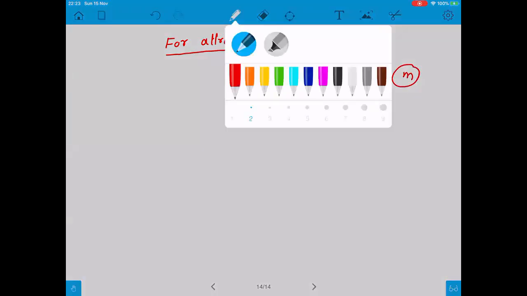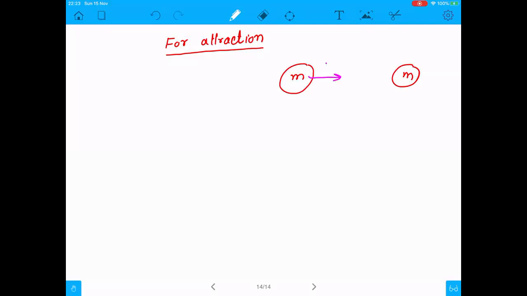The masses always have attraction. Now it depends what you are calculating. You are calculating net force or you are calculating the work. So this is, for example, a gravitational field's force. It's a gravitational field in which you have gravitational force.